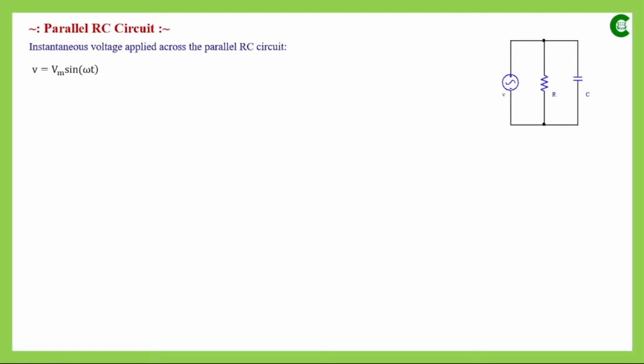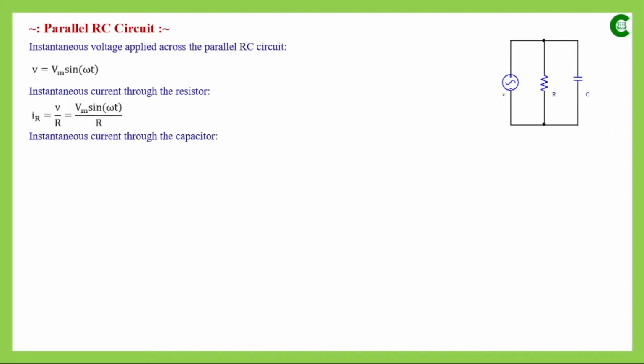Next we will obtain the current that flows through every branch. The instantaneous current through the resistor, by using Ohm's law, is V by R, and if we put the expression of the instantaneous value of V, it is Vm sin omega t divided by R. Next we will find the instantaneous current through the capacitor.